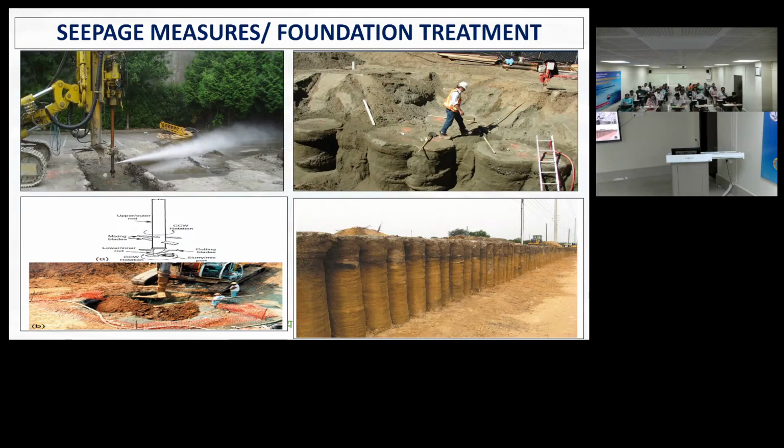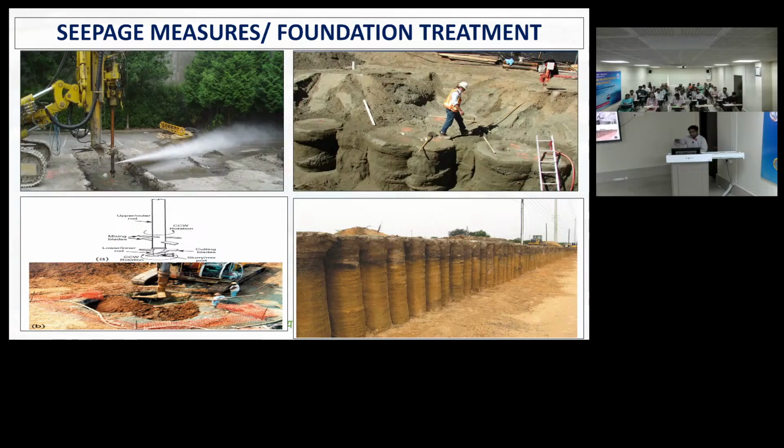And these are soil columns. Soil columns are also circular, based on chemical treatment. It will mix the soil and make columns like this. These are the jet grouting columns, these are the soil columns, and these are all to reduce the seepage. Soil columns generally we can go up to 30 or 40 meters only.